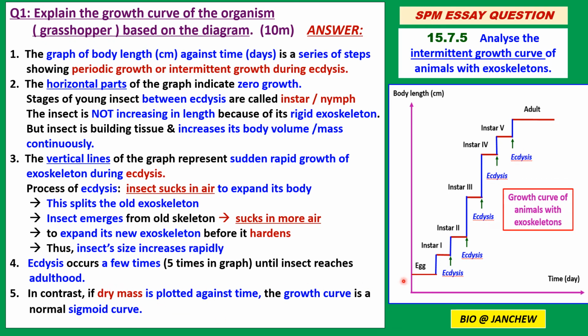Now, in contrast, if the dry mass is plotted against time, the growth curve is a normal sigmoid curve. So take note that this growth curve that consists of a series of steps, or looks like a staircase, is for body length of the insect against time. Only the body length, not the body mass.